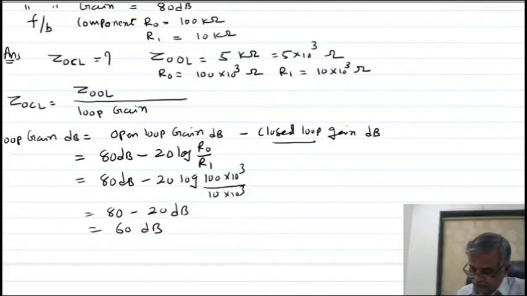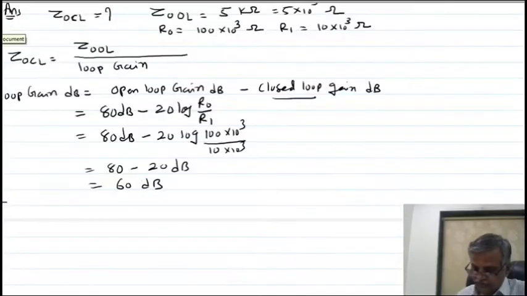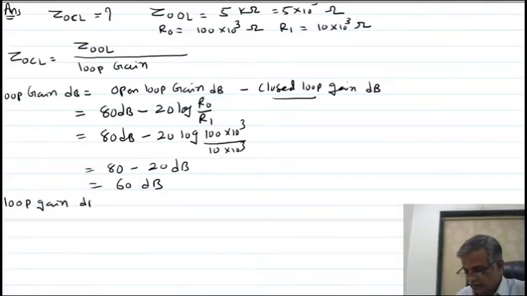Now here I have to put the loop gain, but I am not supposed to put this value in dB. So loop gain in dB we have calculated 60 dB.